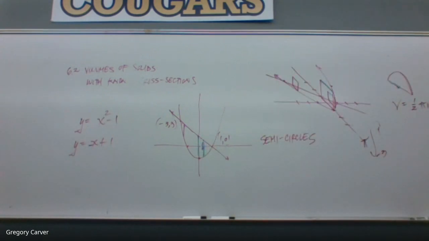What is that? The length divided by 2. What's the length? Easy. Negative x plus 1 minus x squared minus 1. All that over 2 squared.